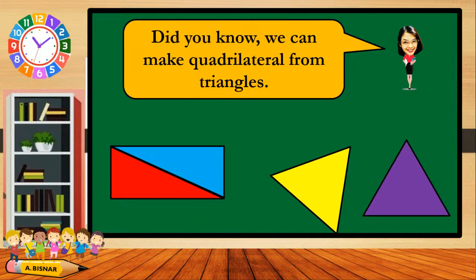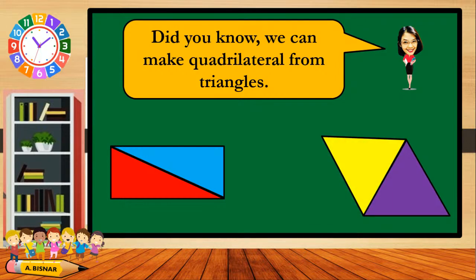Sa Tagalog, makakabuo tayo ng quadrilateral gamit ang dalawang triangle. Take a look with the other triangle. So, as you observe, we can also form another quadrilateral from here.